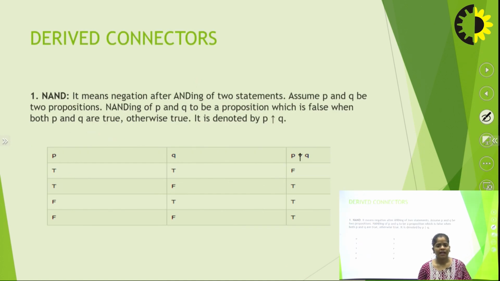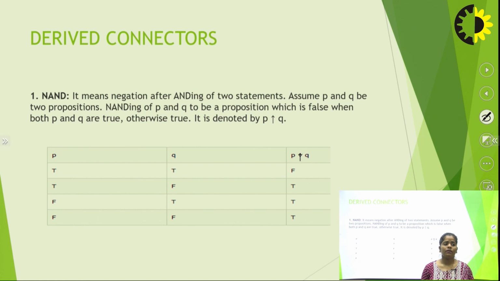Now we have some derived connectors also by which statements are connected. The derived connectors are NAND, NOR, XOR, etc. Let's come to the first operator, the NAND operation. NAND is a combination of AND and NOT.